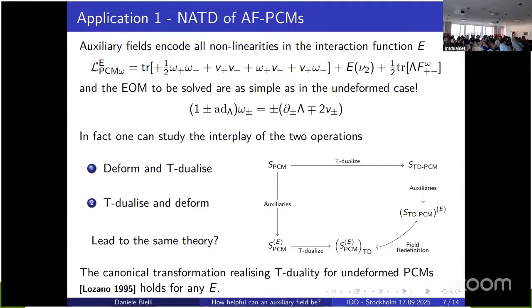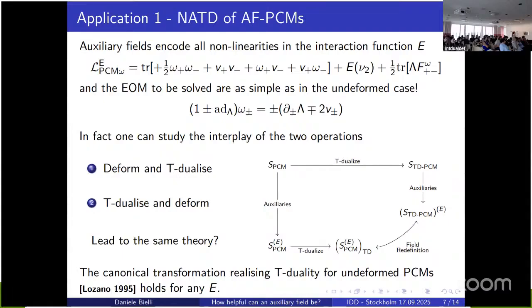Well, I showed already the action for these deformed principal current models. It's easy to repeat, also for this model, the first three steps, and this is the action that you obtain. And you see that the good feature of having this auxiliary field in this case is that all the non-linearities of the deformation are secretly encoded in this interaction function, which only depends on the auxiliary fields.